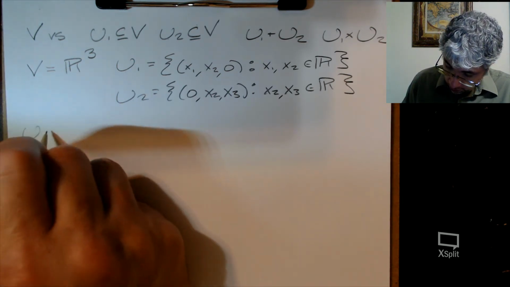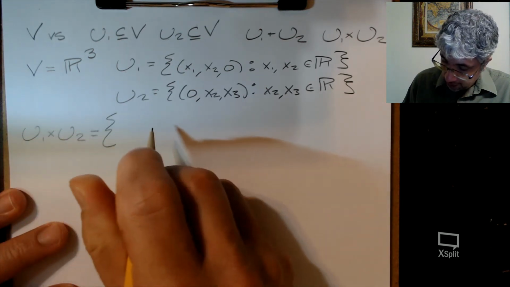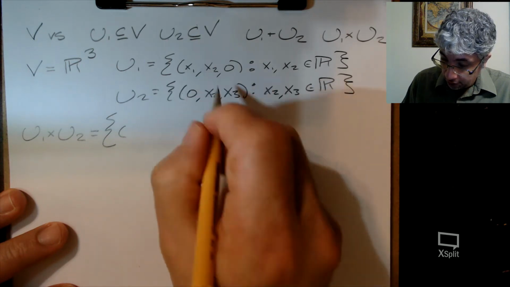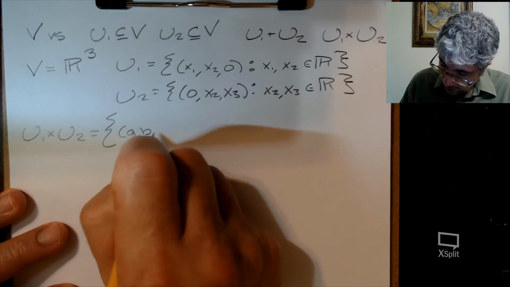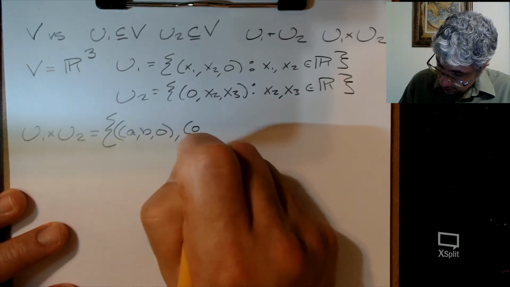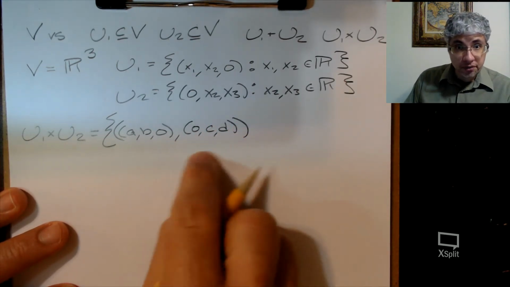So U1 cross U2 will be the collection of all possible, and I don't want to use the same letter x1, x2 twice, so I'll say (A, B, 0), comma, (0, C, D). So these are pairs of triples, right?